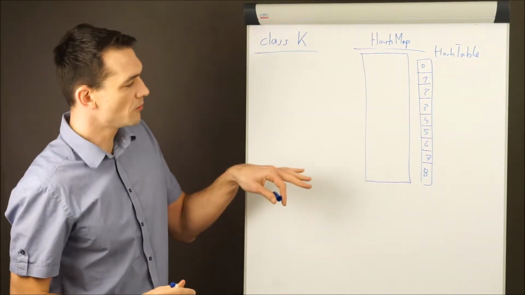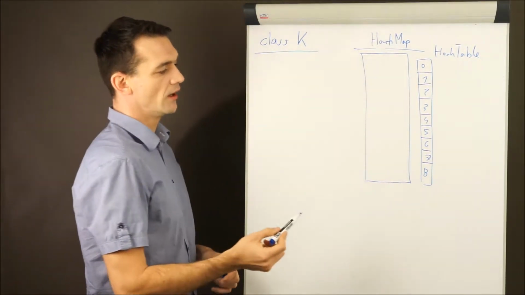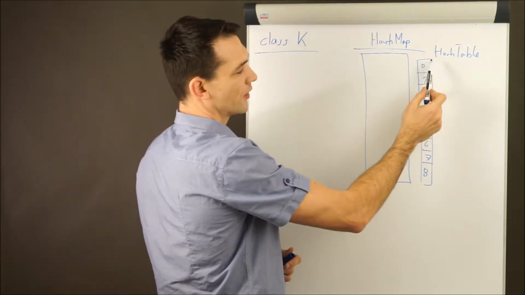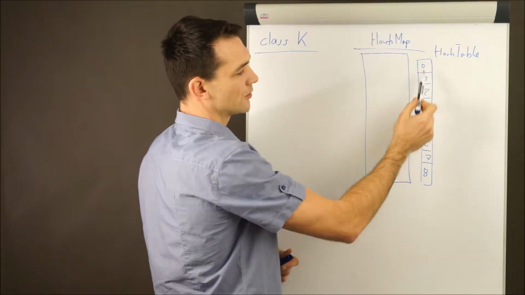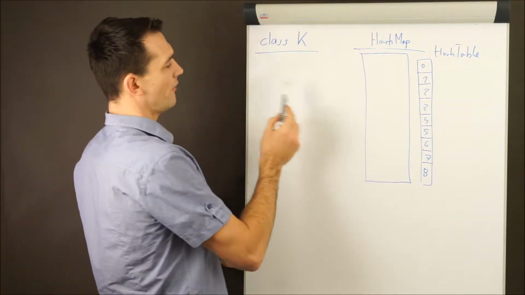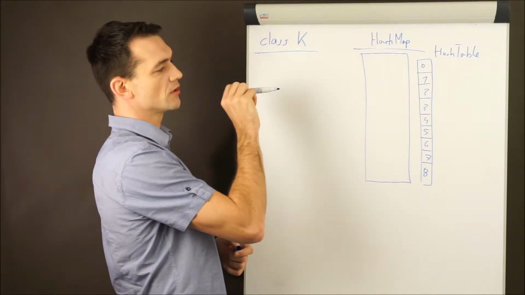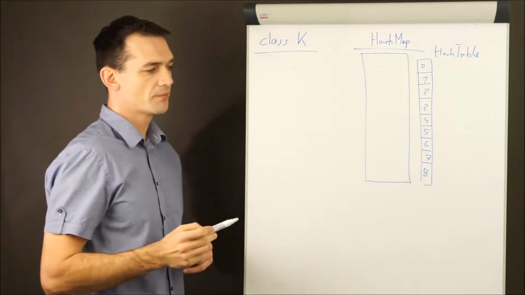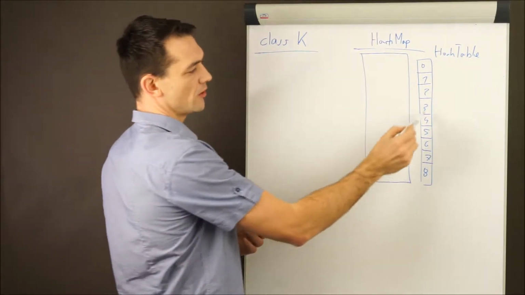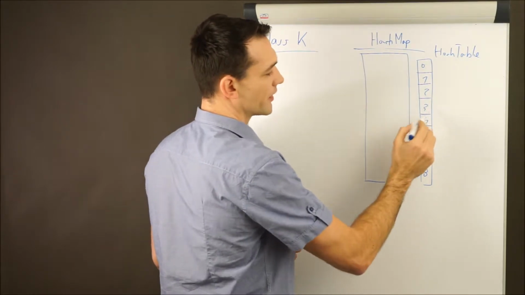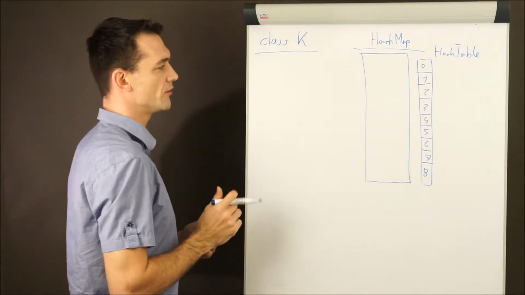So this is the hash table, and we see that this is just an indexed table. We call those entries buckets. Every time we want to put some key value pair into the hash map, the index of the hash table is calculated, and we store under some bucket this key value entry.